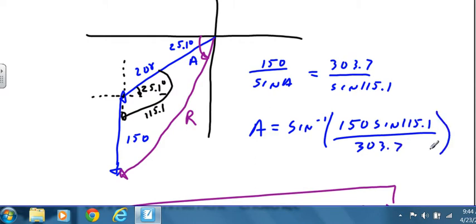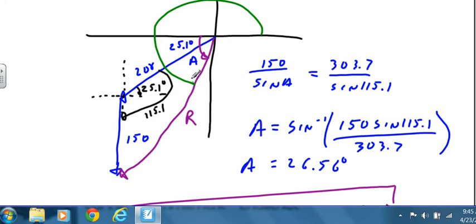Arc sine of 150 times sine 115.1 divided by the answer that I just had, so I can have lots of significant digits. And my answer is 26.56 degrees. Obviously, I can't have that many significant digits, but I'm looking for this angle. That's what I want to know.